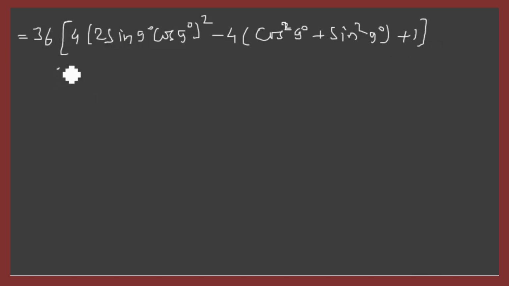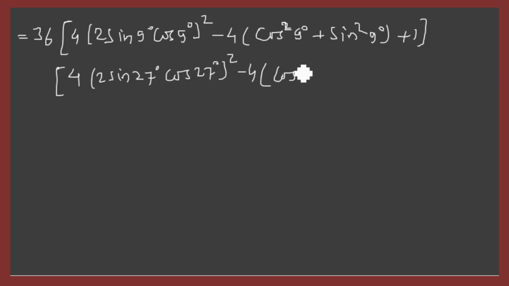For the other bracket we can write 4 into 2 sin 27 cos 27 the whole square, minus 4, in the same way taking common, cos square 27 plus sin square 27, and plus 1.